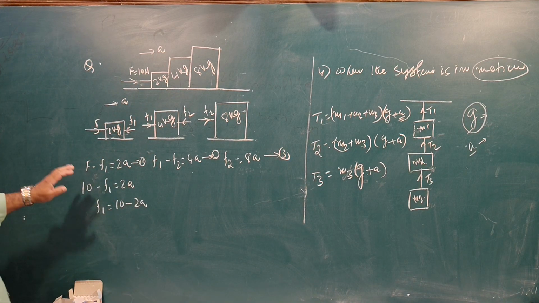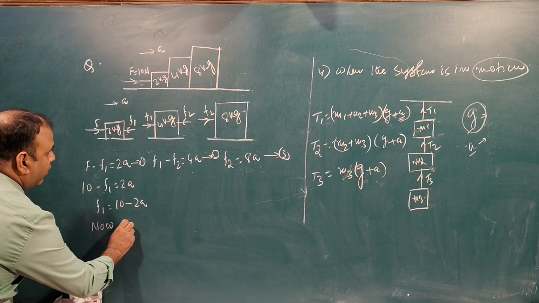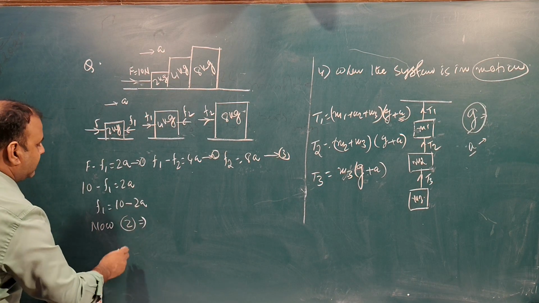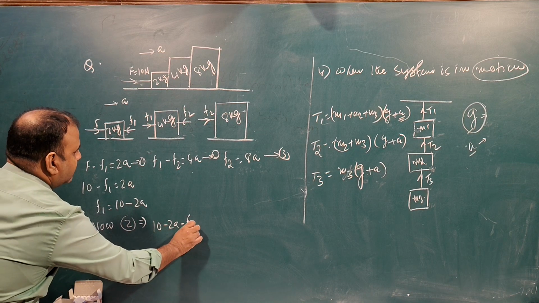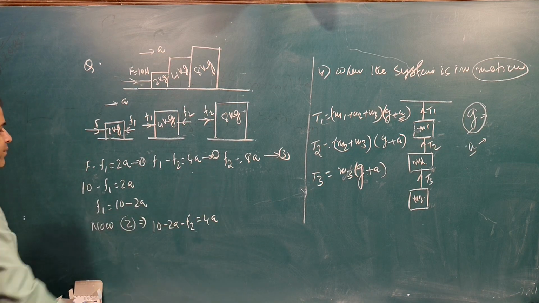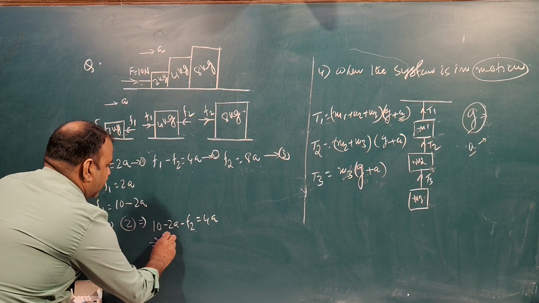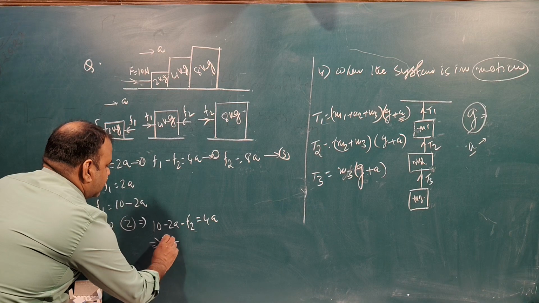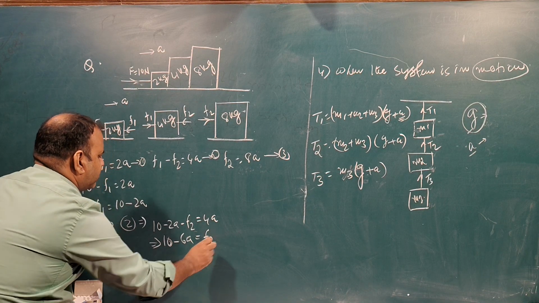From equation 2, we write F1, that is 10 minus 2a, minus F2 is equal to 4a. In this case we can write 10 minus 6a is equal to F2.